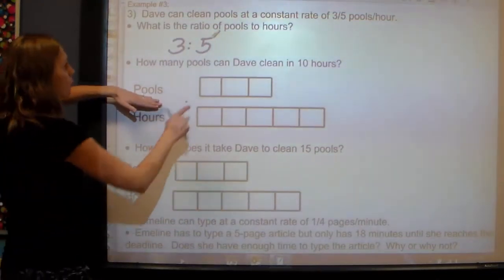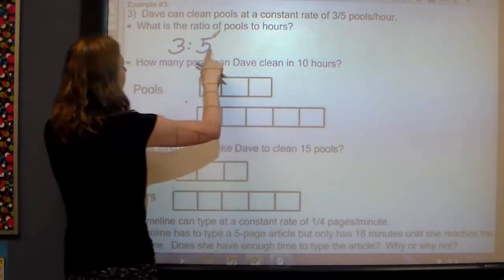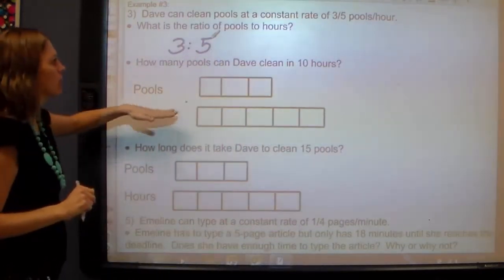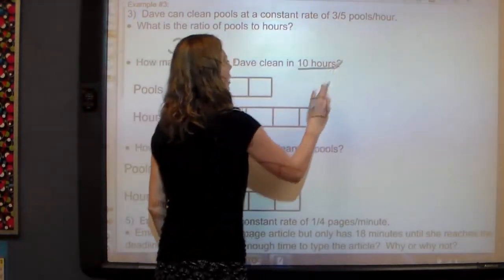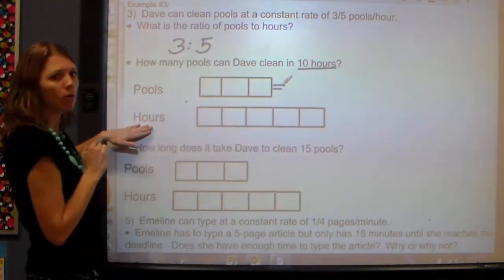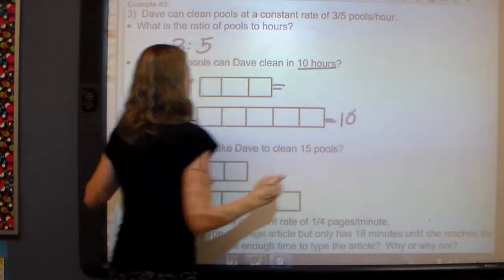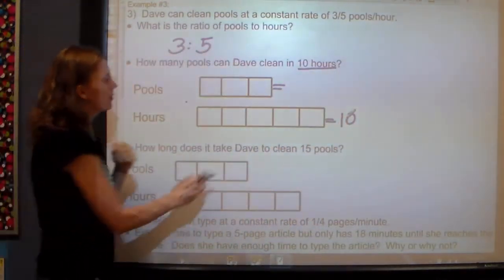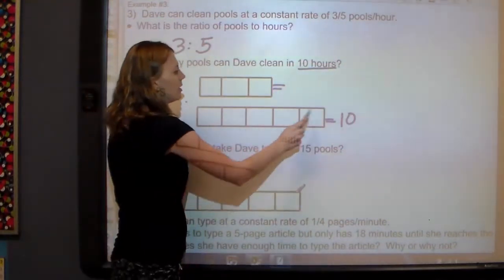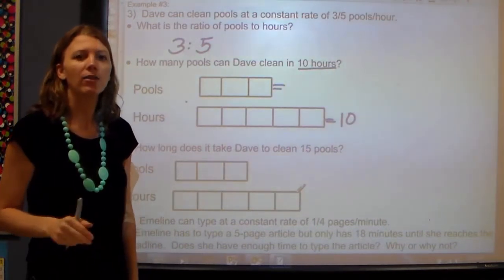Well, here's pools, which represents 3, and here's hours, 1, 2, 3, 4, 5. And the hours is 10, here, 10 hours. So would I put pools equals 10 or hours equals 10? I hope that you say this last one, the hours. So these 5 boxes need to add up to 10. We have to figure out how much should go in each box if it has to have the same number.